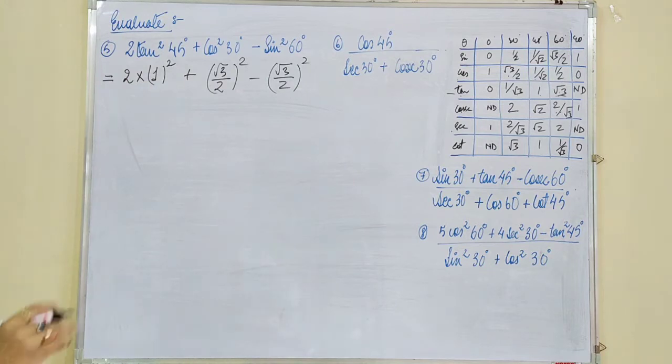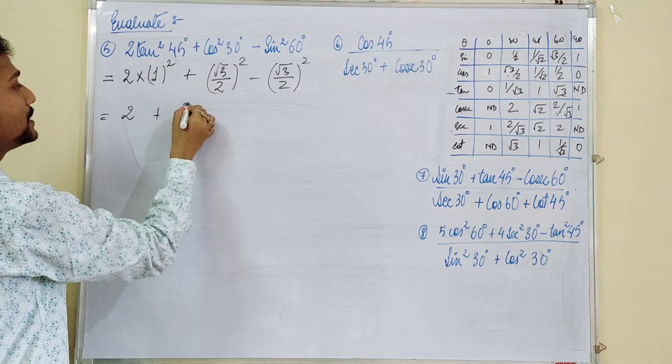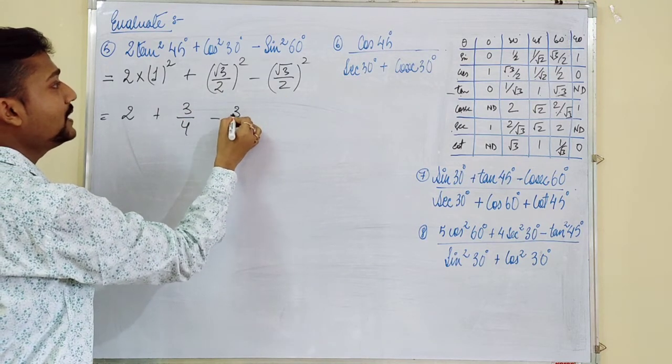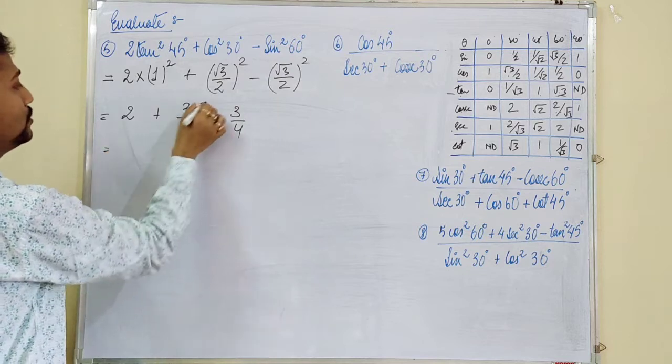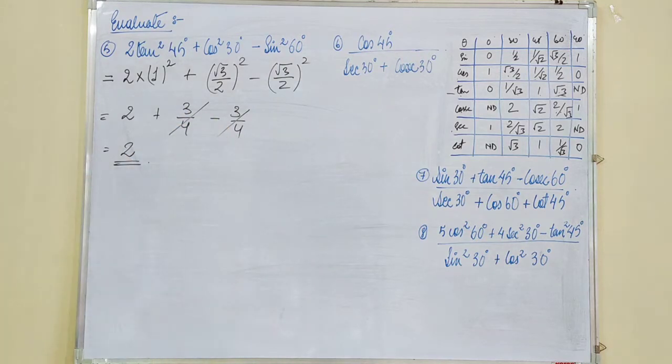Okay, this particular part we have done till this much. See, 2 into 1 square is equal to 2, plus it will be 3 by 4, minus 3 by 4. So this will be cancelled, the answer will be 2. Just check it once.